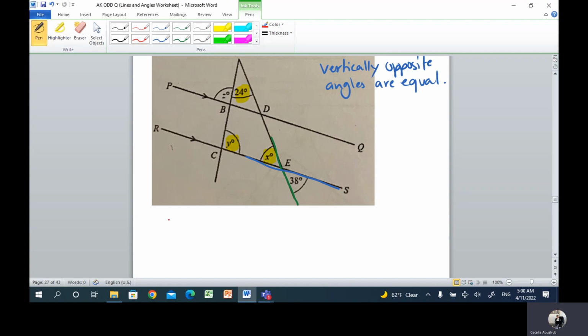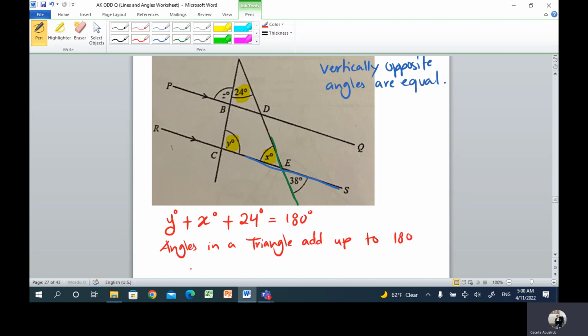So we're going to start with y because y is the unknown, plus x plus 24, all is equal to 180. Why is that? Because angles in a triangle add up to 180 degrees. Okay, y is the unknown.